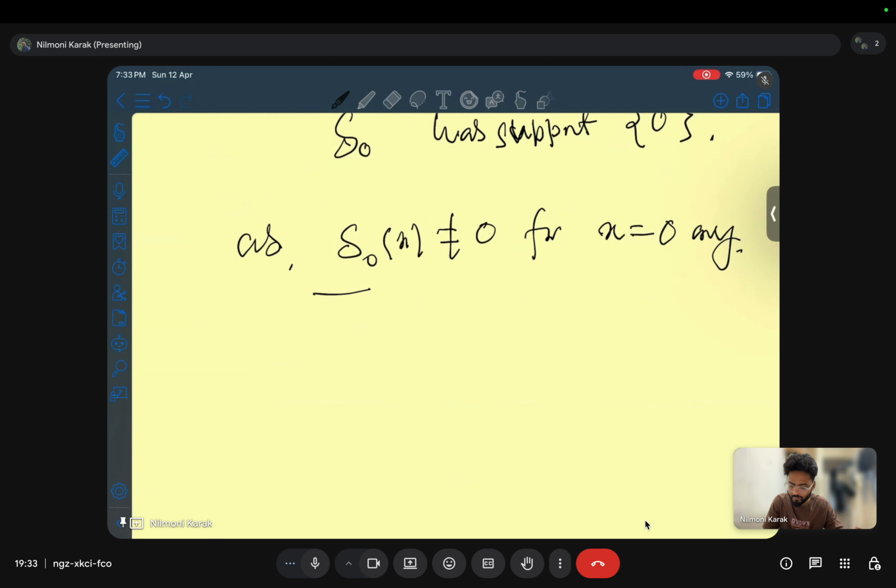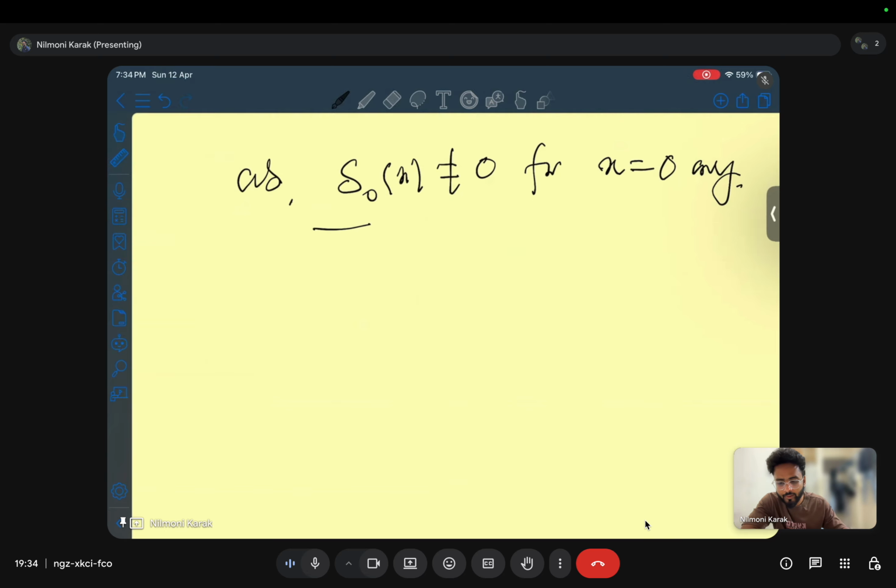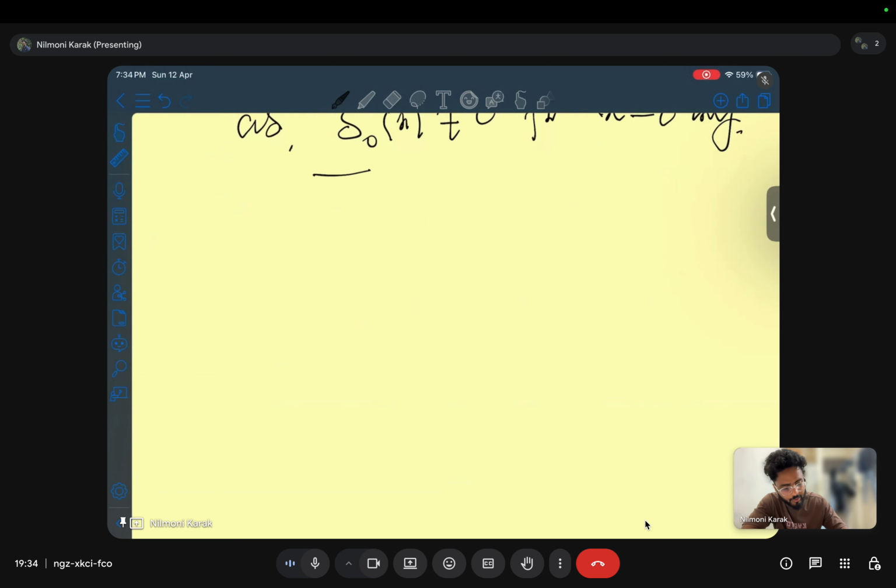Okay. Now let us recall the Fourier transform of a tempered distribution.